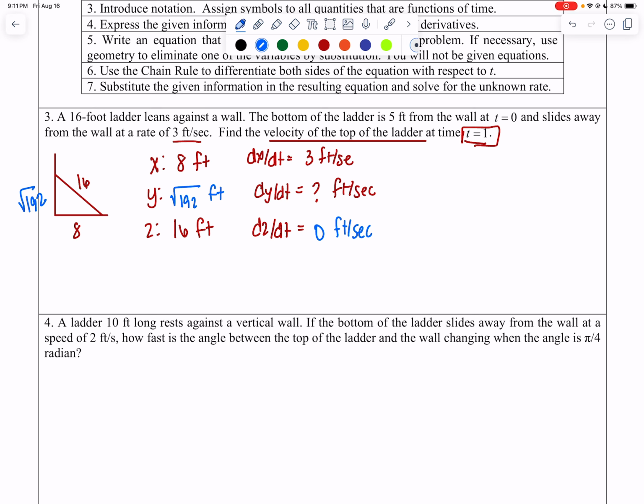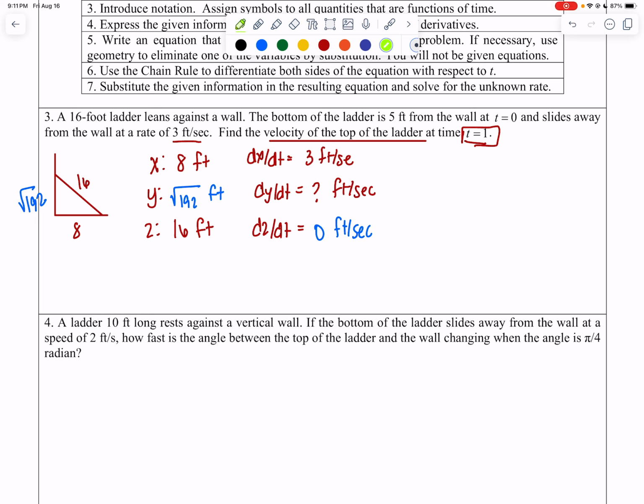All right, so I know what x is, I know what y is, I know what z is, and I know its derivatives. So what we're going to do is think about an equation that combines everything. Notice how we found y using the Pythagorean theorem. So that's what we're going to be using as our main equation.